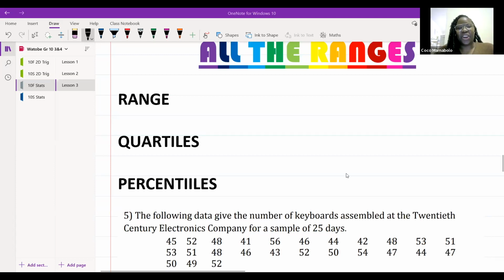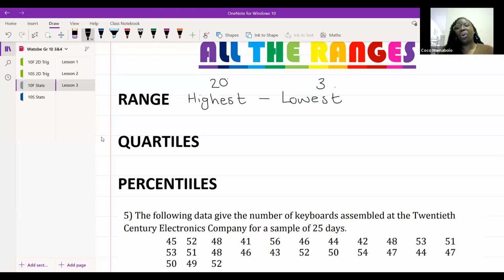All right, guys, let's talk about the range very quickly with the last 3 minutes that we have of the lesson. When we talk about the range, like many of you have already said in the chat, our range is going to be our highest value minus our lowest value. And that's going to tell us in what range we are going to find our values. Let's say, for instance, my highest value is 20 and my lowest value is 3.